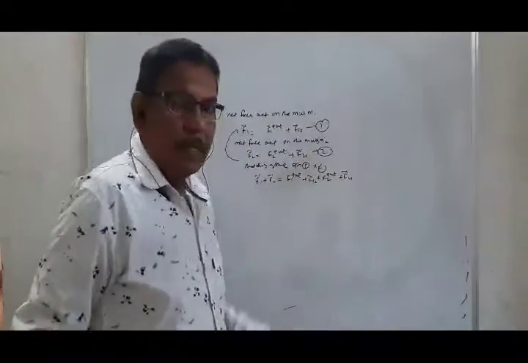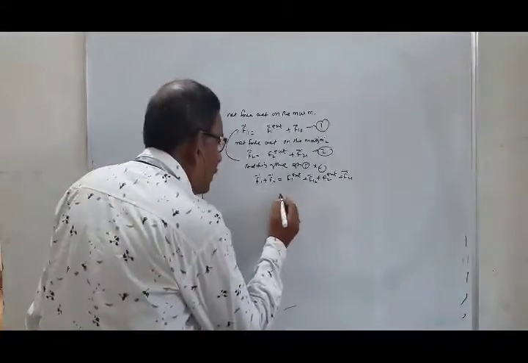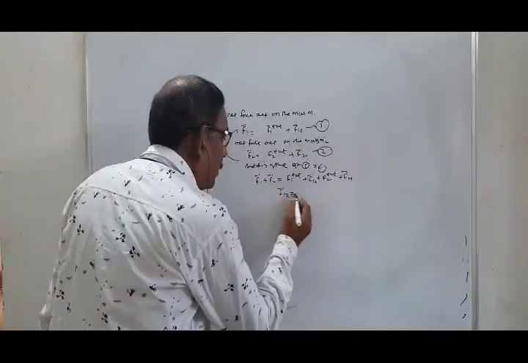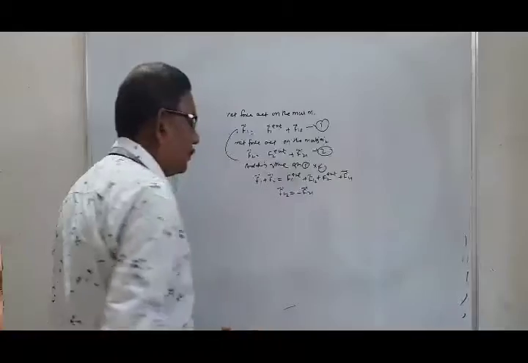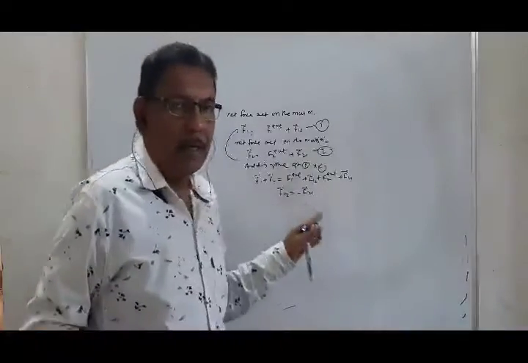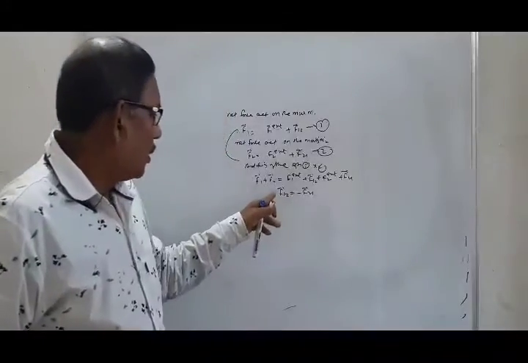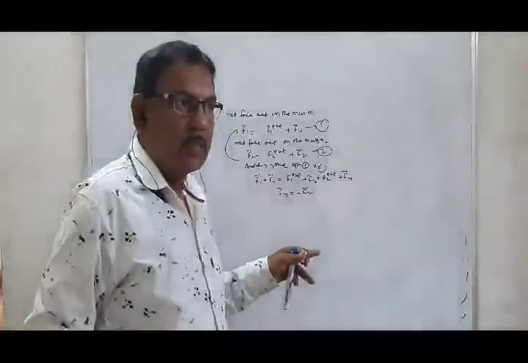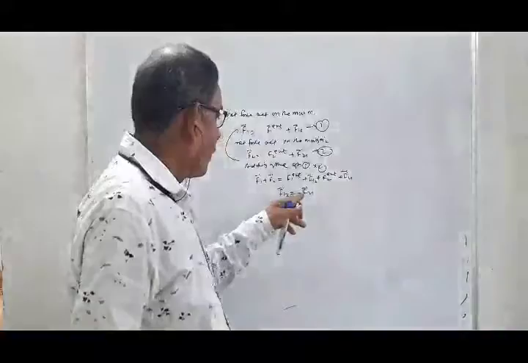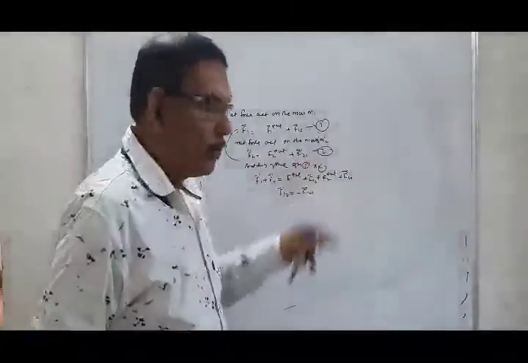Look, and the result will come. What is the result? You know that F12 equals minus F21. Have you Newton's third law? The force exerted on the mass m1 by m2 is equal and opposite to the force exerted by m1 on m2.